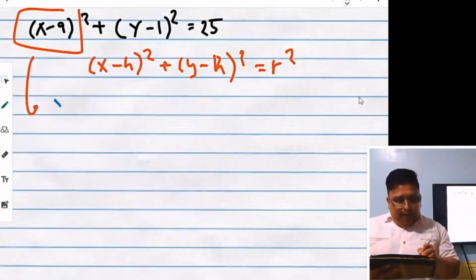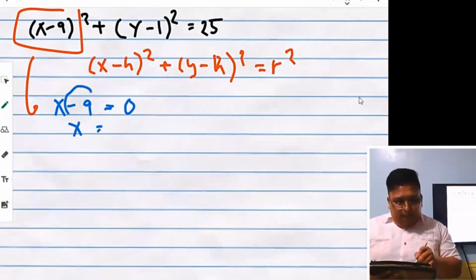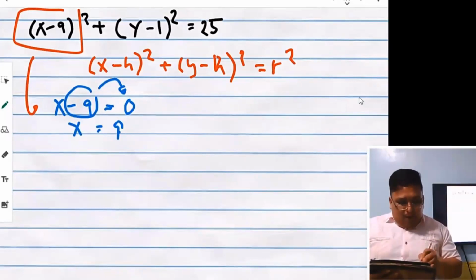So we have now x minus 9 equated to 0 so that it will be very easy for you to find what is our h. x is equal to, transpose negative 9 to the other part of the equation, that will be x is equal to 9. So our h now is equal to 9.